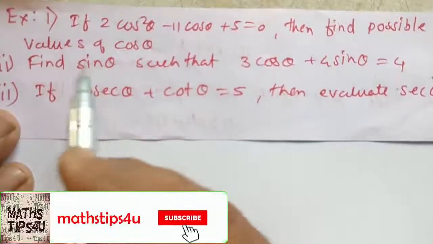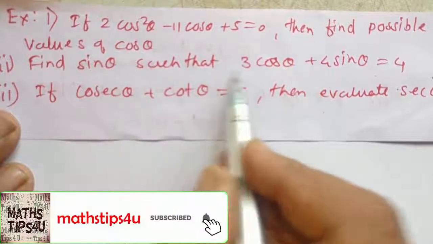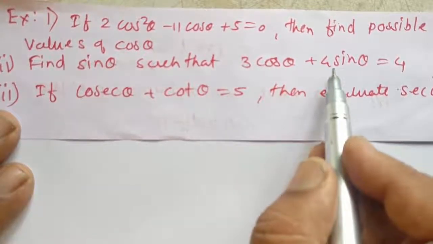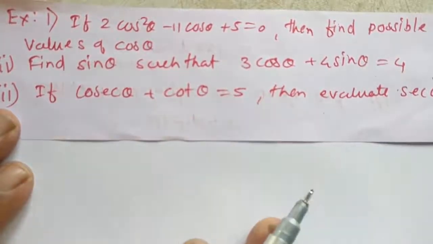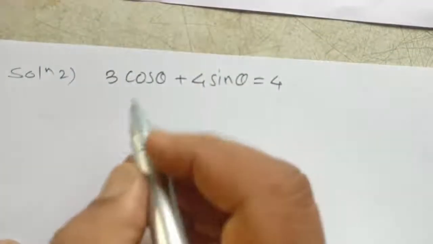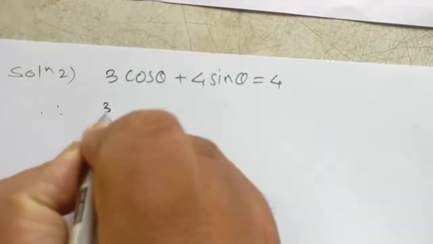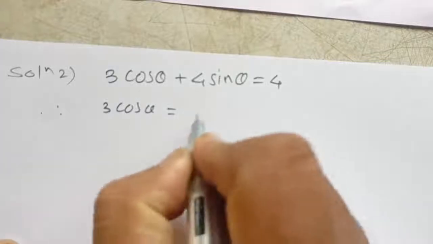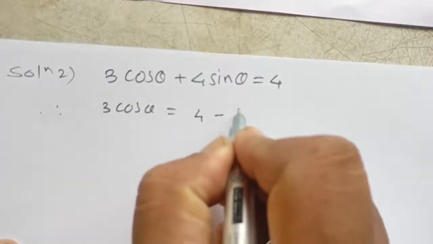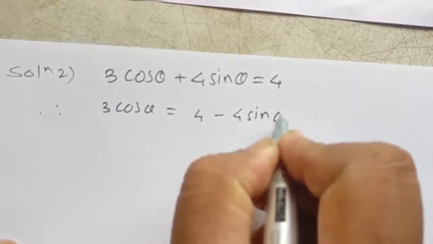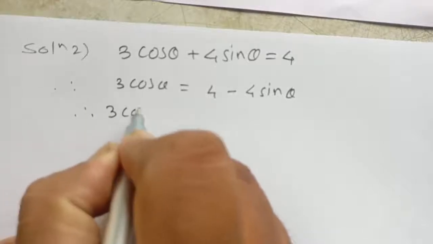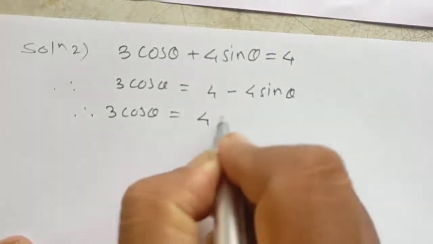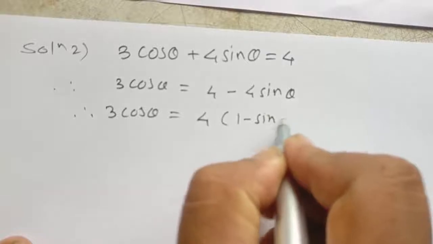Second example: find sinθ such that 3cosθ + 4sinθ = 4. Solution. Now we write 3cosθ = 4 - 4sinθ. Therefore, 3cosθ = 4(1 - sinθ), taking 4 common.